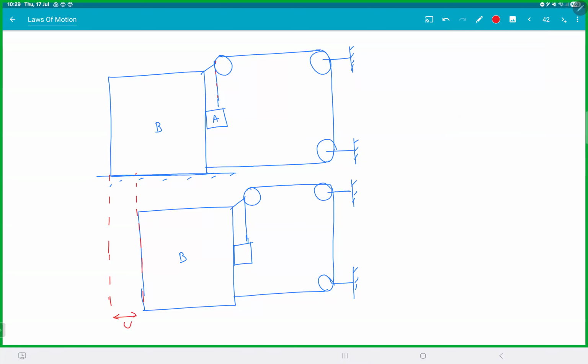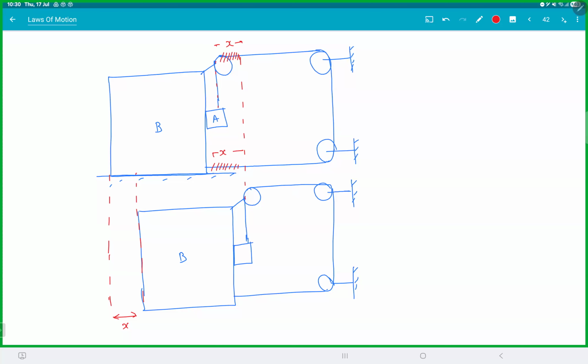Look at this pulley here. Can someone tell me what happened to this string here, the shaded part? And what happened to this string here, the shaded part? How much will that be? If I take 1 second, if it has travel speed u, then this will be u. This will also be u. Let me take it as x only for you. So this is x. This is also x. This is x. Do you agree?